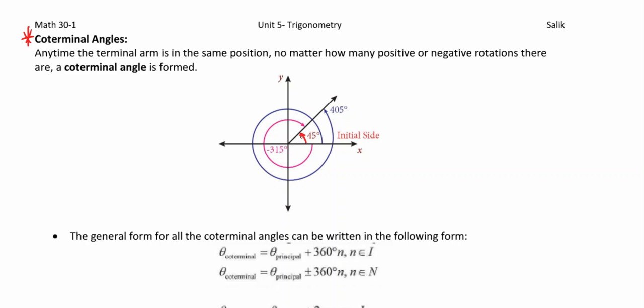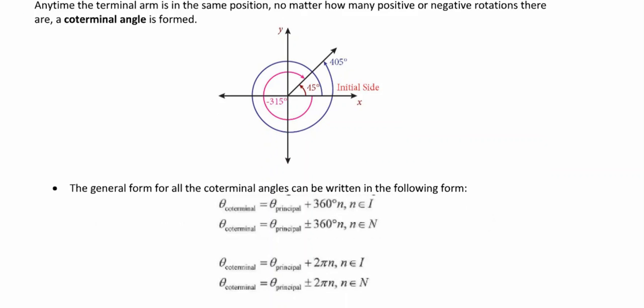So let's say that's where I'm starting. Then can you see that it would be the exact same place I end up if I go negative 315 around here? So the terminal arm ends on the same place. So we call those things coterminal, like they're both terminal at the same place. And then you can see with 405, same thing, it ends at the same spot there, right? So those are all coterminal angles.